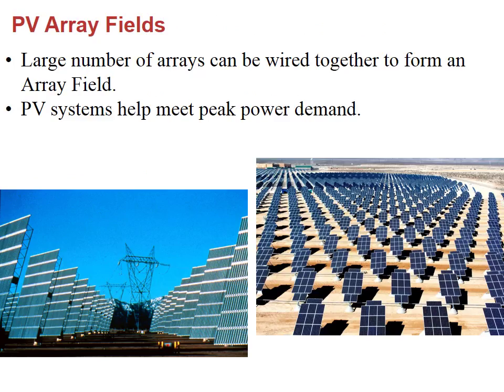All right, so you have probably all seen things that look like this, whether you've seen them in an array field, like what's shown here, or just on the roof of small-scale houses. This is what a PV panel looks like.